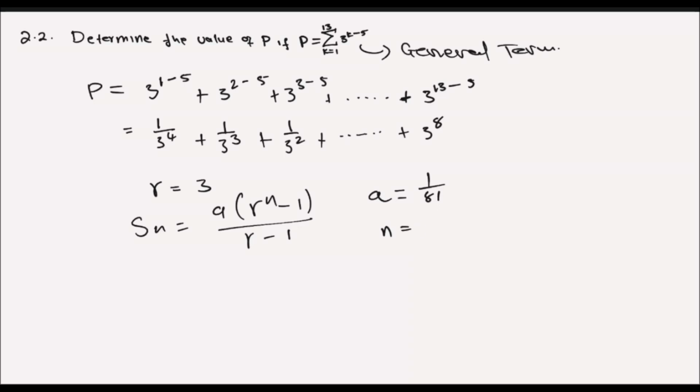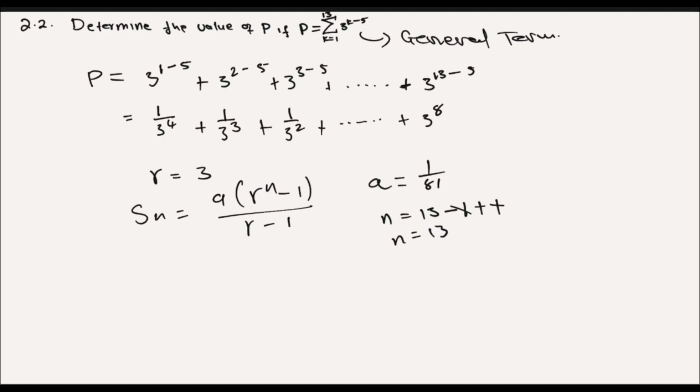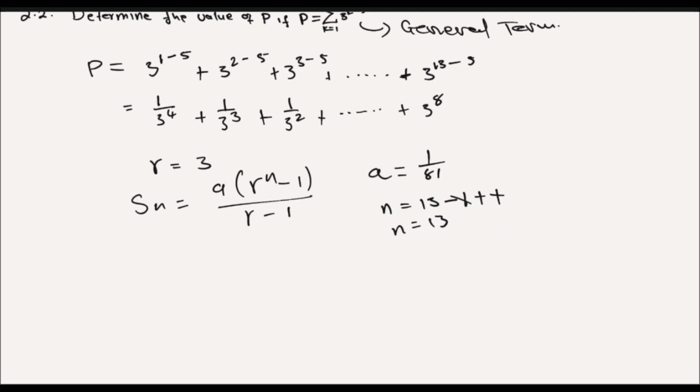The last number to be substituted into k, which is 13 in this case, minus the first number to be substituted, which is 1 in this case, plus 1. When these two cancel out, we get that n is equal to 13, right? Okay, so now we have the number of terms in the sequence.